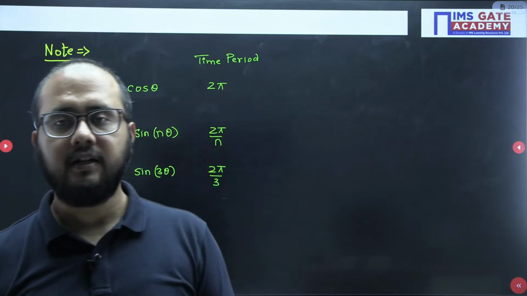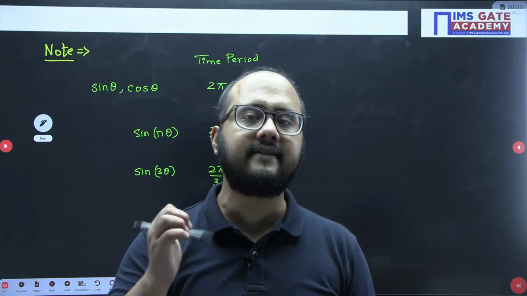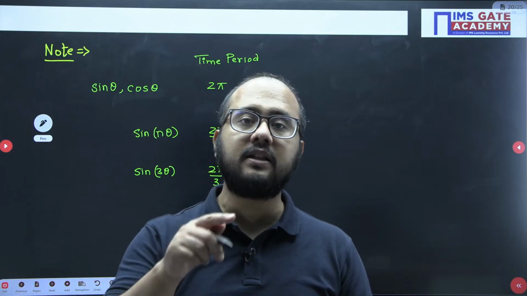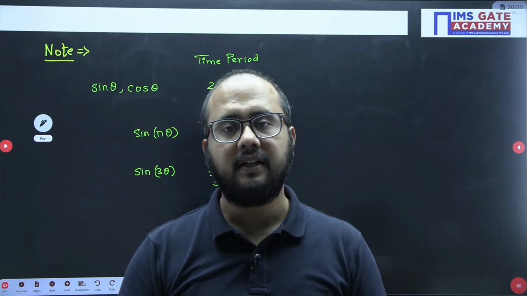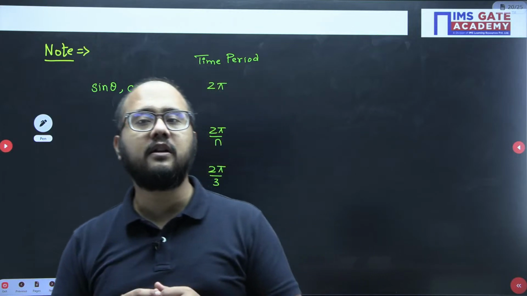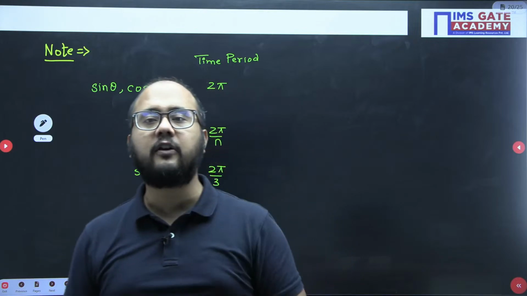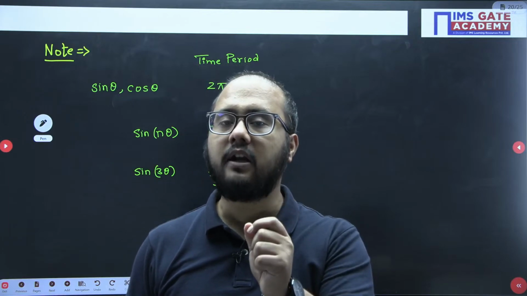Why is it important? For example, let's suppose a torque relation is given. Then using the integration of T d theta, I can calculate the work done per cycle. And if I have calculated the work done per cycle, I can calculate the mean torque. And if I have calculated the mean torque, I can also calculate the power. In order to calculate the power, we need what?